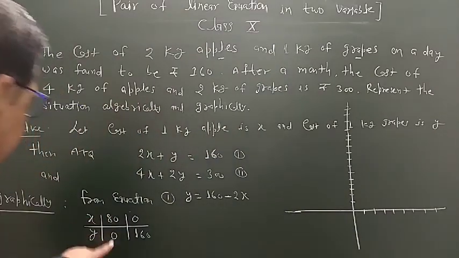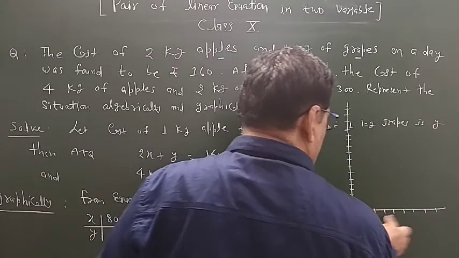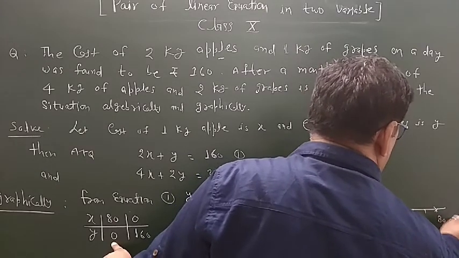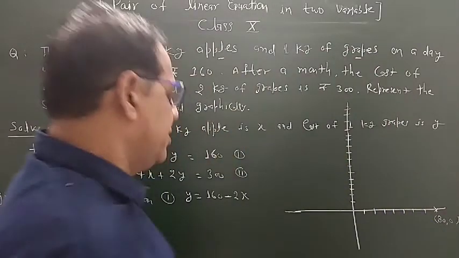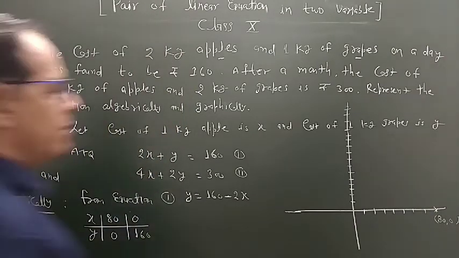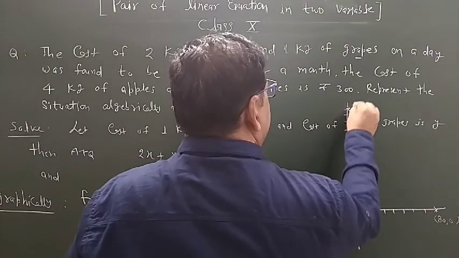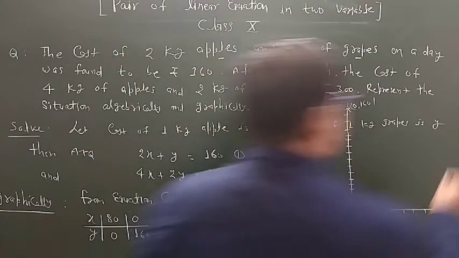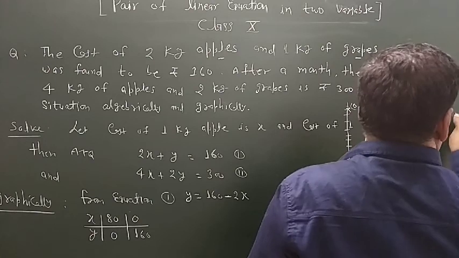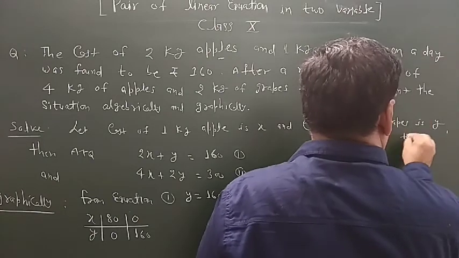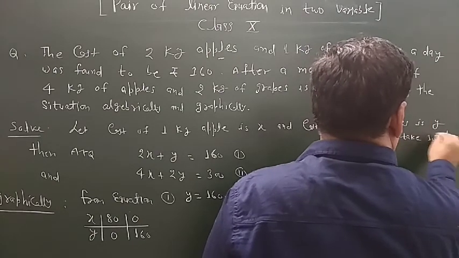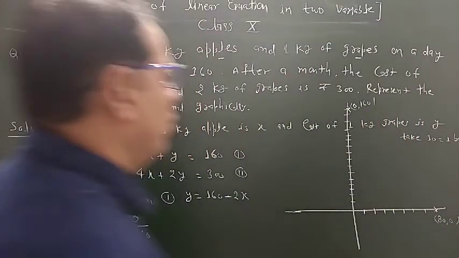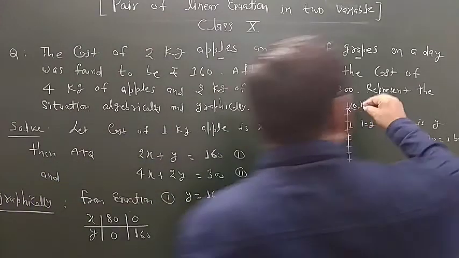The first point is (80, 0), and the next point is (0, 160). Take 10 equal to 1 box. Okay, so now join these points.